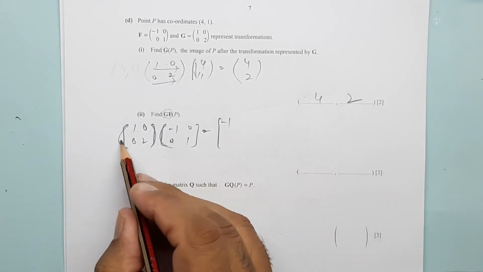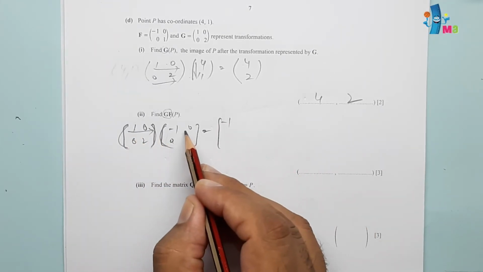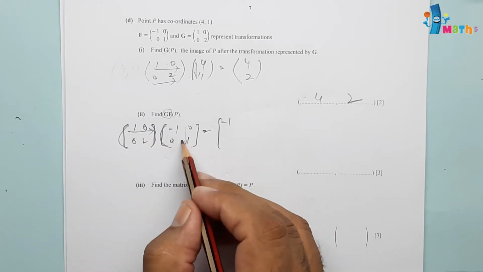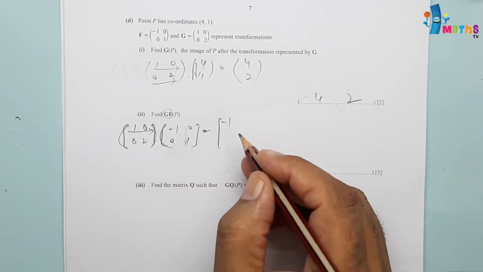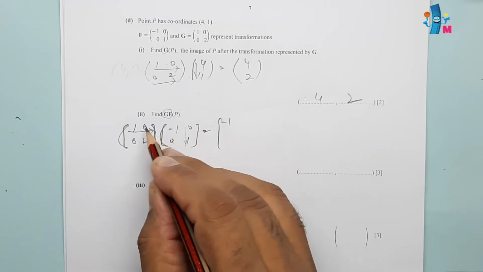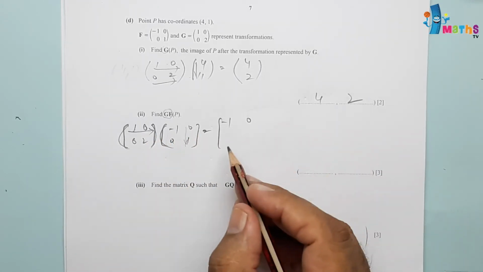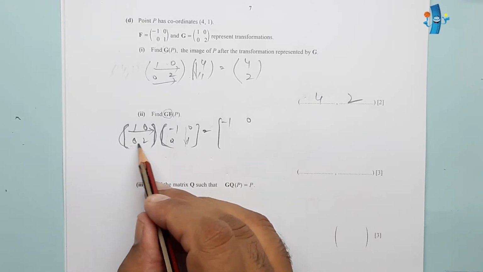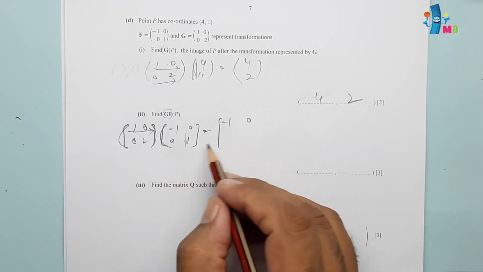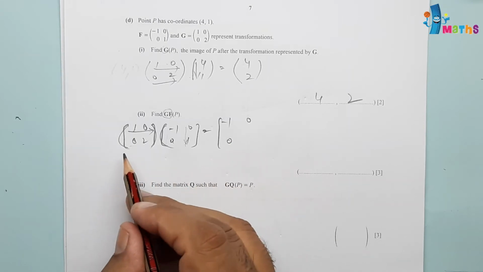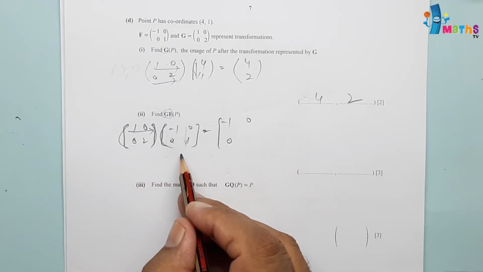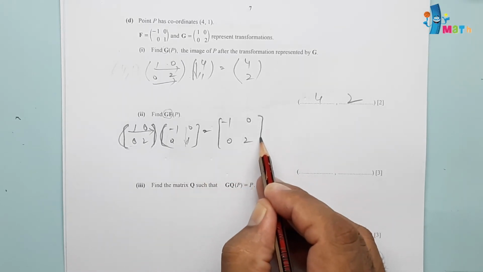So minus 1 over here. The first row, second column will be giving us 0, because 1 into 0 will be 0, 0 into 1 will be 0. So second member will be 0. Now second row will be multiplied with first column and we will get 0, and second row with second column will be resulting to 2.